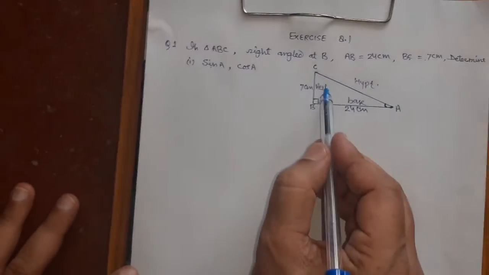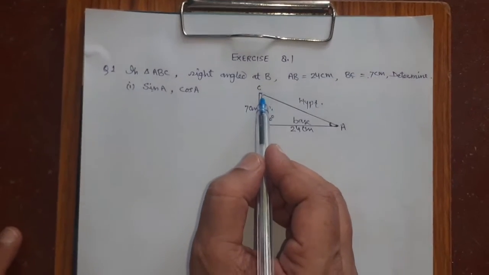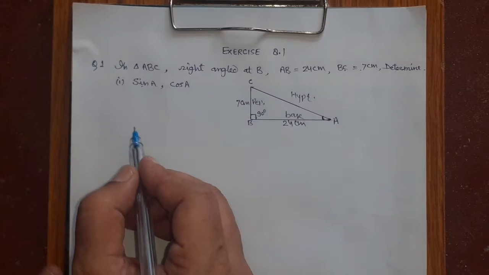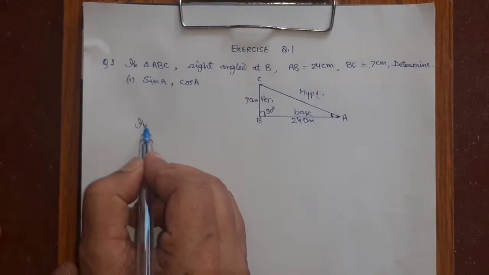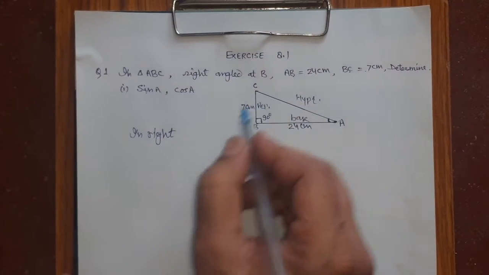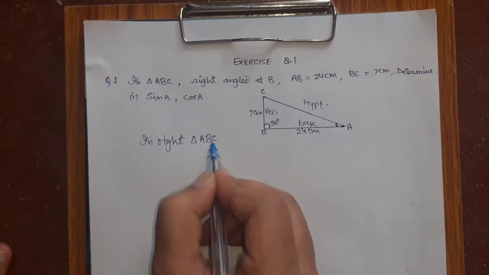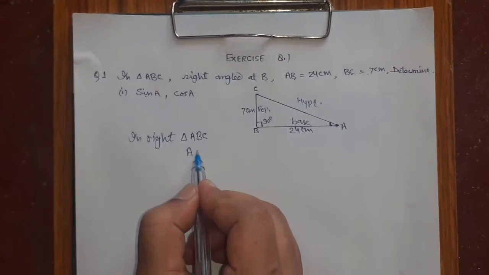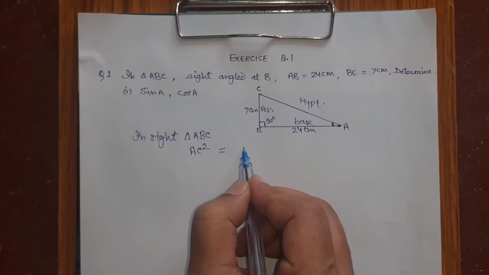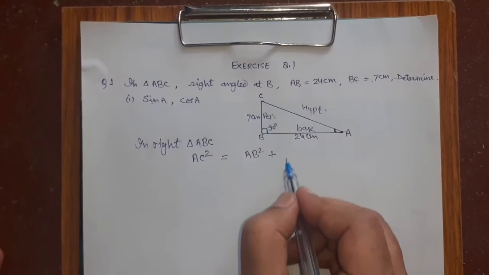Now we will calculate third side hypotenuse AC by using Pythagoras theorem. In right triangle ABC, we have hypotenuse AC square equal to base AB square plus perpendicular BC square.